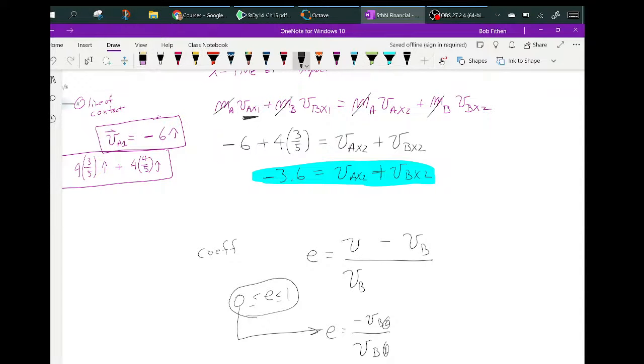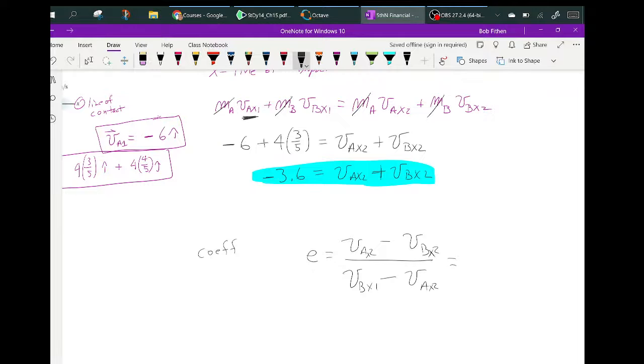So coefficient of restitution is this, but it only occurs along the x-axis because that's where the impact is actually occurring.